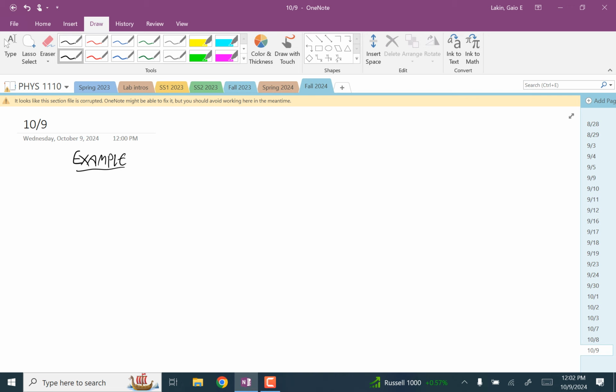So let's say we want to draw free body diagrams of both of these two. And let's say we have sort of a shallow incline on this side and a steeper incline on this side.